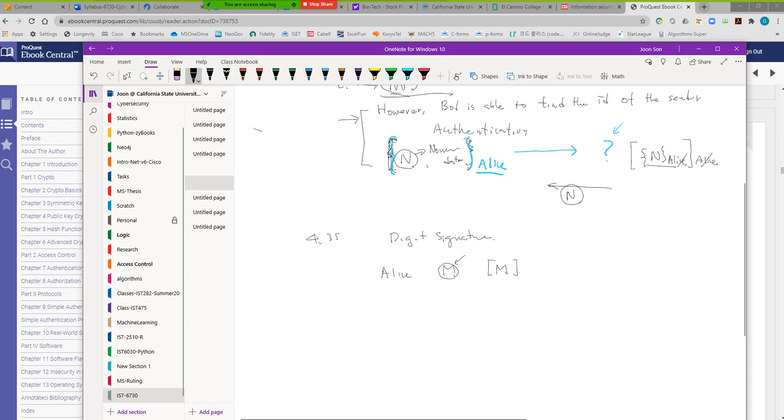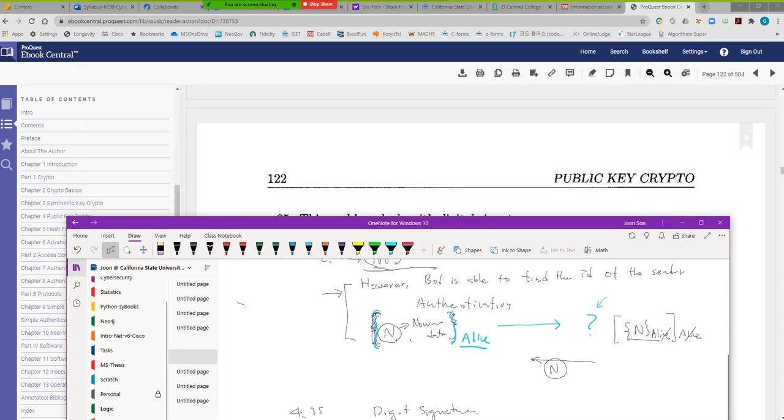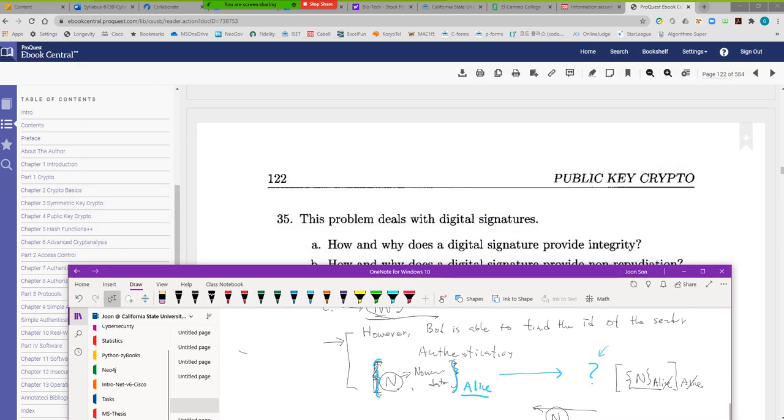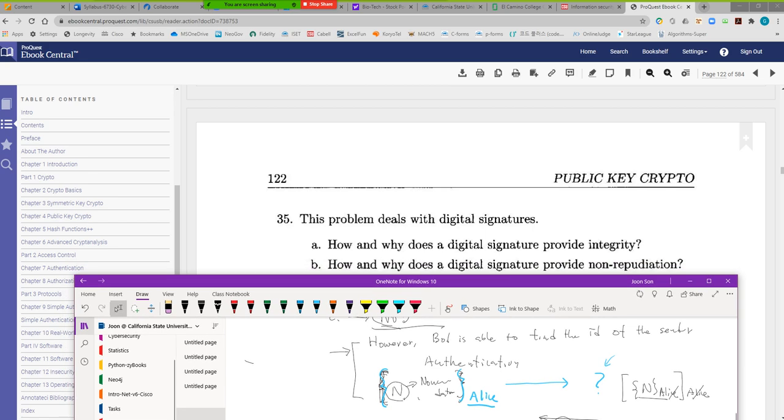This is important: the square means a private key. She signs the message M with her private key. So that's a digital signature. Then explain how and why it provides integrity and why non-repudiation.